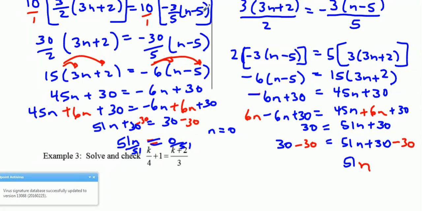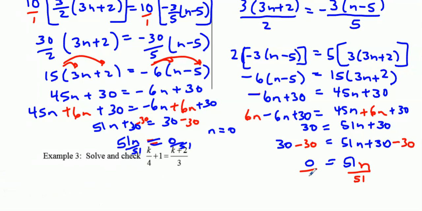Something's going on with my equals, I'm sorry, it's changing colors. I don't know, it's doing it on its own. Divide both sides through by 51, and I get n equals 0. Okay, so there we have it.